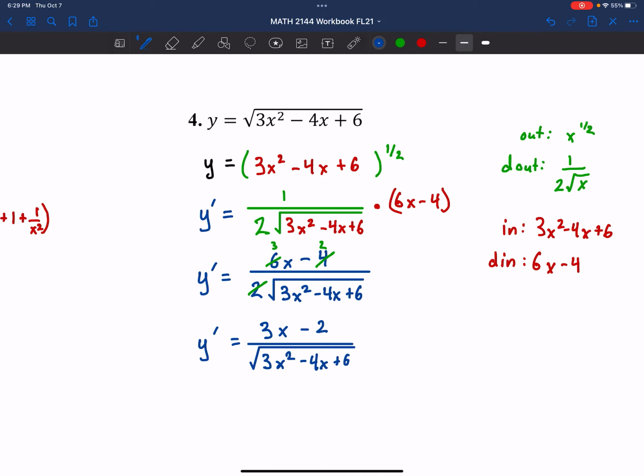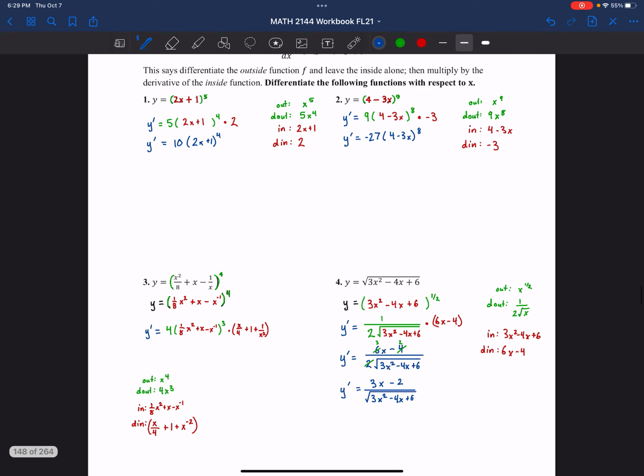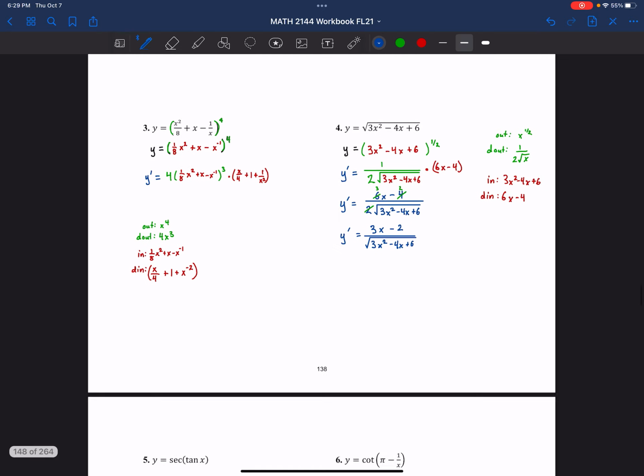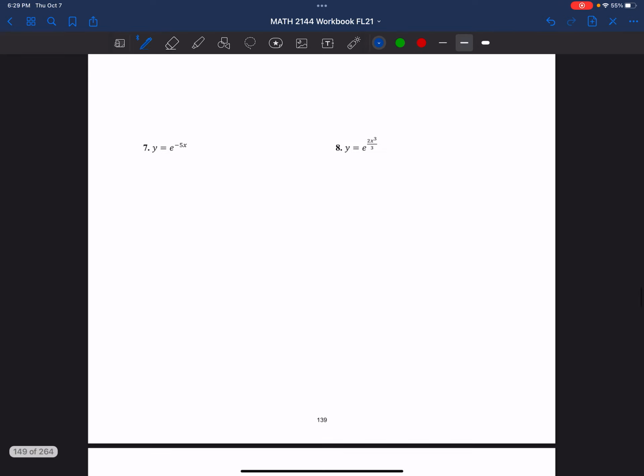All right, so those are some basic examples. Let's go ahead and look at something that's other than power functions. So we have trigonometric functions and exponential functions down here.